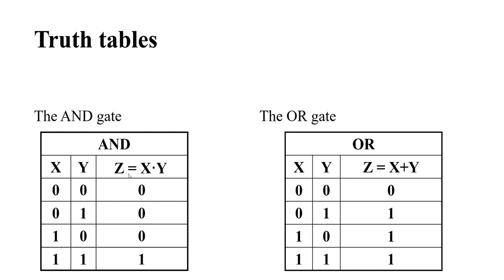Now, the OR gate is going to give you a high as long as you have one of the inputs being true. And if all of the inputs are low, then you're going to have a low output. And we said this is analogous to an addition mathematical operation.